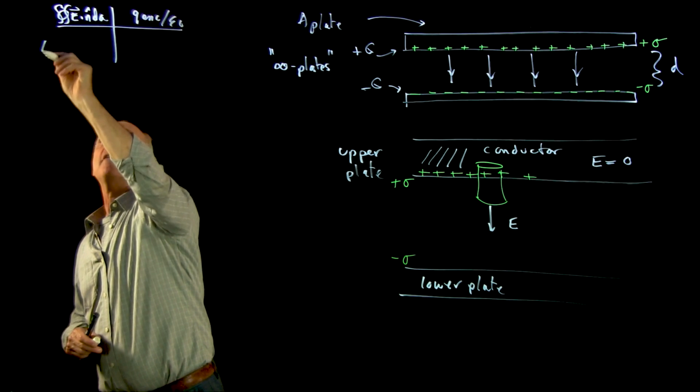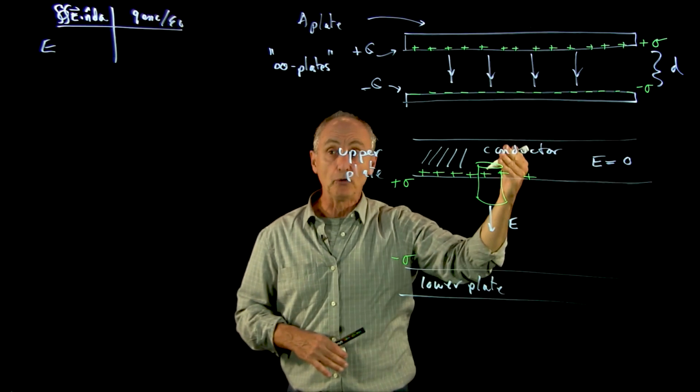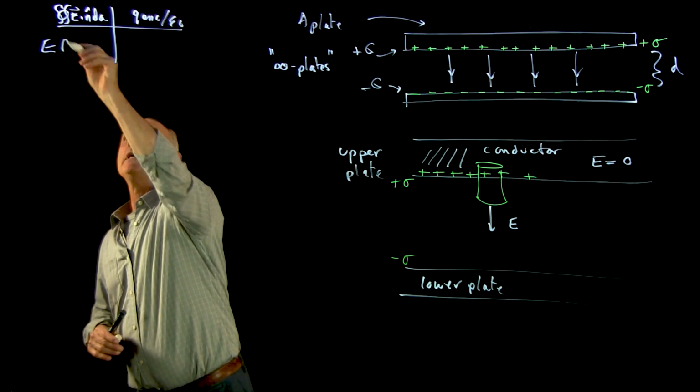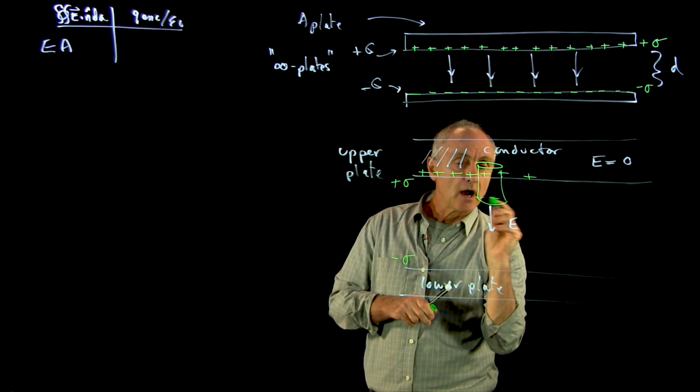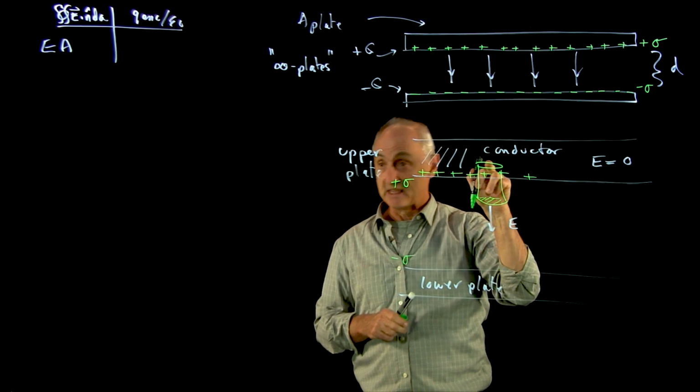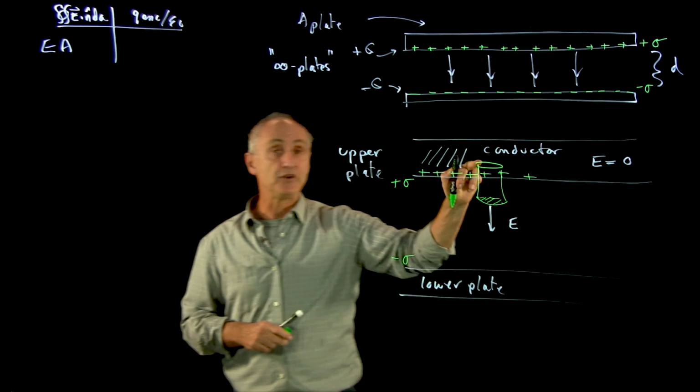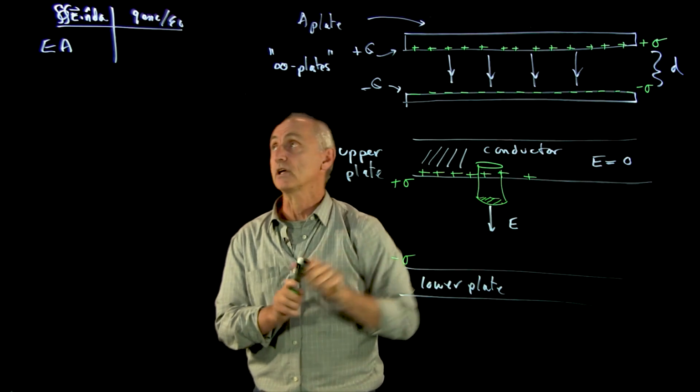For this example, we have the total field due to both plates. It's only on one surface. The only flux is on this lower surface because this is the physical property of conductors. The E field is 0 inside the conductor.